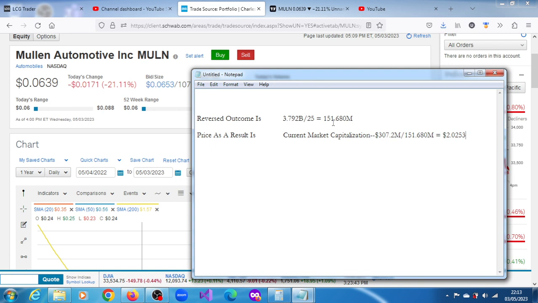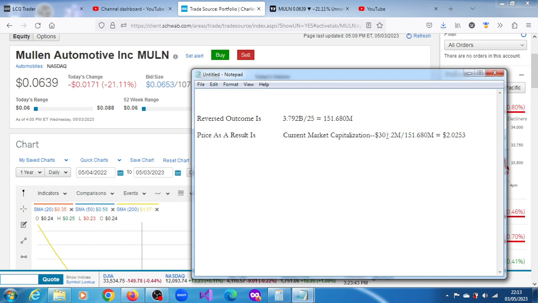So when we do that, you have 151.68 million shares. Then to determine the price, if the price is determined as a result of the shares outstanding, then we go by that.